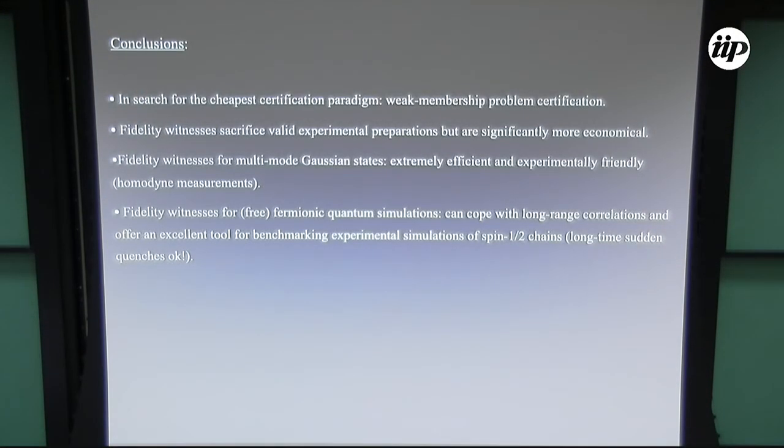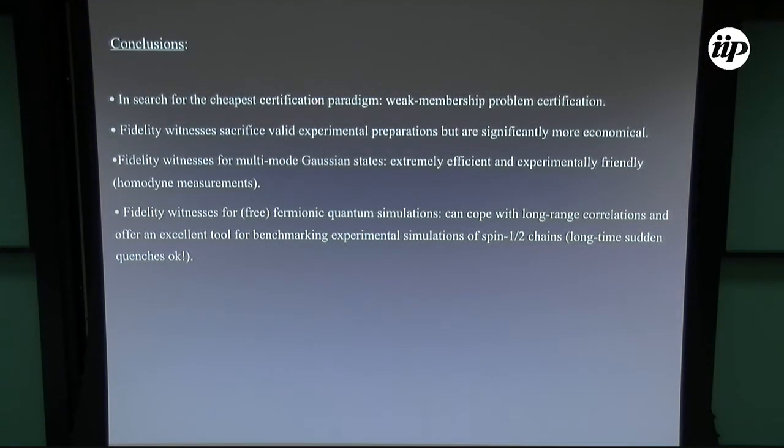So with this I come to my conclusion. We are now in search of the cheapest certification paradigm, and we fall into this hypothesis testing, weak membership problem. The stars here are these fidelity witnesses that sacrifice valid experimental preparations for the sake of efficiency.